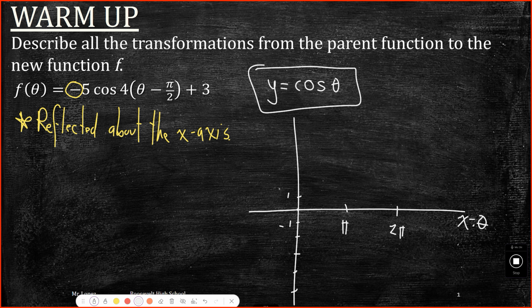So the parent function as it is, y equals cosine theta. That's what we did the other day. Cosine theta goes from 0 to 2 pi. It goes from here, the lowest it goes and the highest it goes, and this is the parent function, something like that. That is cosine theta.